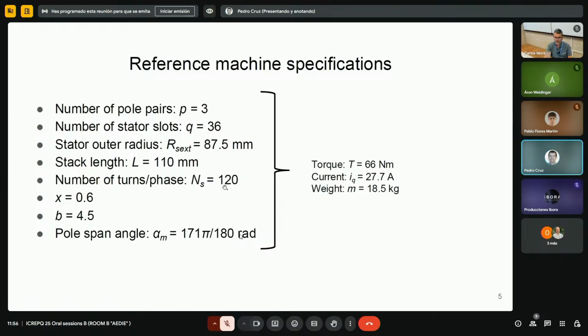The parameters are more or less in the middle part of the range of their values, and the results of the analytic formulation with these values are a torque of 66 Newton meters, a current of 27.7 amps, and a weight of 18.5 kilograms. So the idea is trying to improve the results of this reference machine with the application of the genetic algorithm.